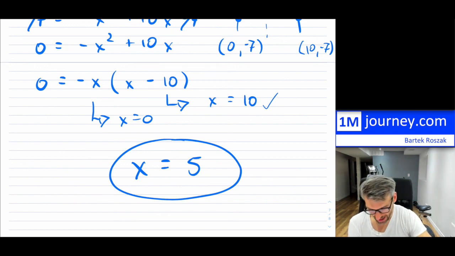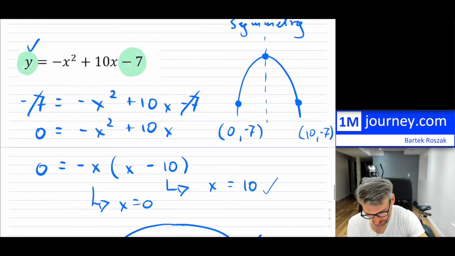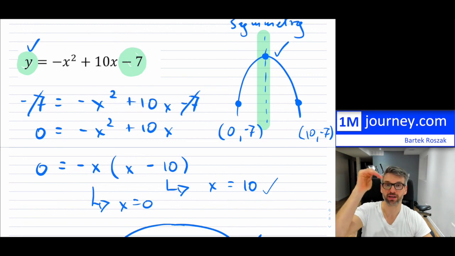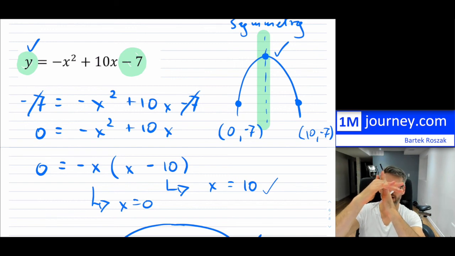Now, once you have this, you know that it happens right there. Now what you want is to find the vertex. So you know the x value, which is 5. What you're doing is taking the parabola and intersecting it with the vertical line, right? And you want to see where they intersect. Well, they're intersecting at x equals 5.